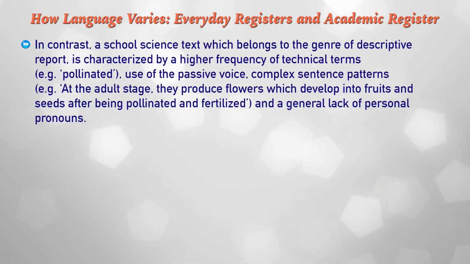In contrast, a school science textbook, which belongs to the genre of descriptive report, is characterized by a higher frequency of technical terms, for example, pollinated, fertilized; use of passive voice; complex sentence patterns, for example, "at the adult stage, they produce flowers which develop into fruits and seeds after being pollinated and fertilized"; and a general lack of personal pronouns.